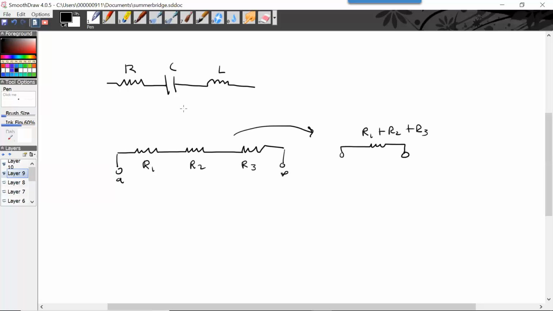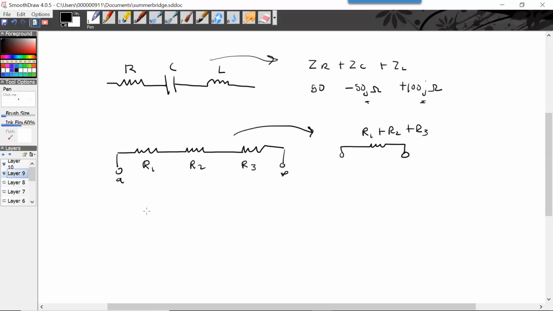Well, these elements are in series as well, and they can be turned into an equivalent element, but it's really Z_R plus Z_C plus Z_L. And just as an example, I could have 50 ohms minus 50j ohms plus 100j ohms. So it combines, except now we just have to deal with the complex math.